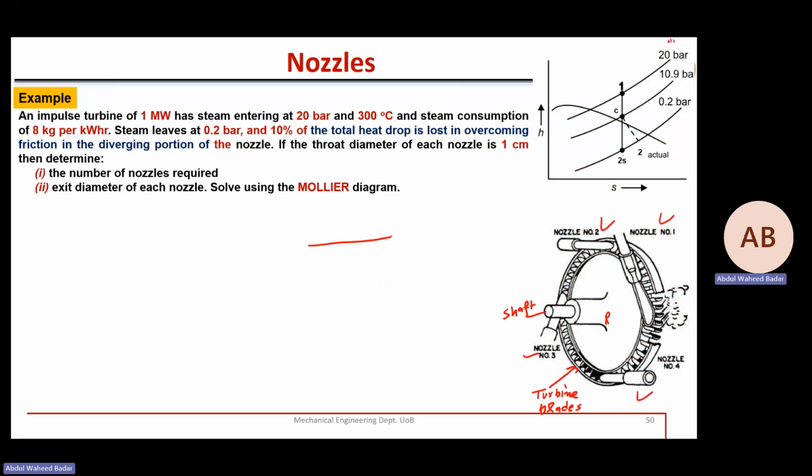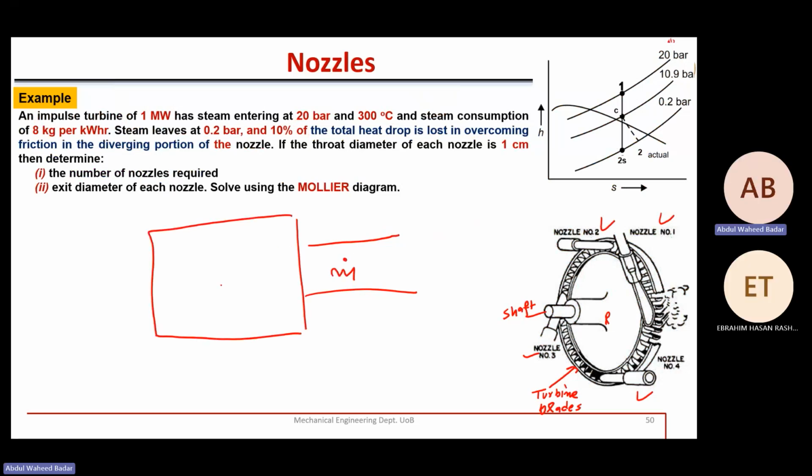So the total amount of m dot coming from the boiler is then divided into 1, 2, 3, 4 nozzles. So the whole of the steam is supplied over the whole rotor at 4 different points.